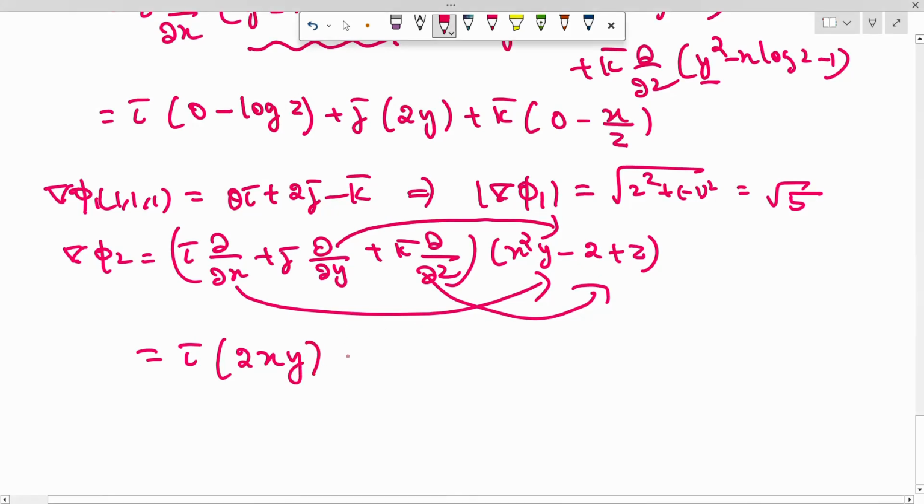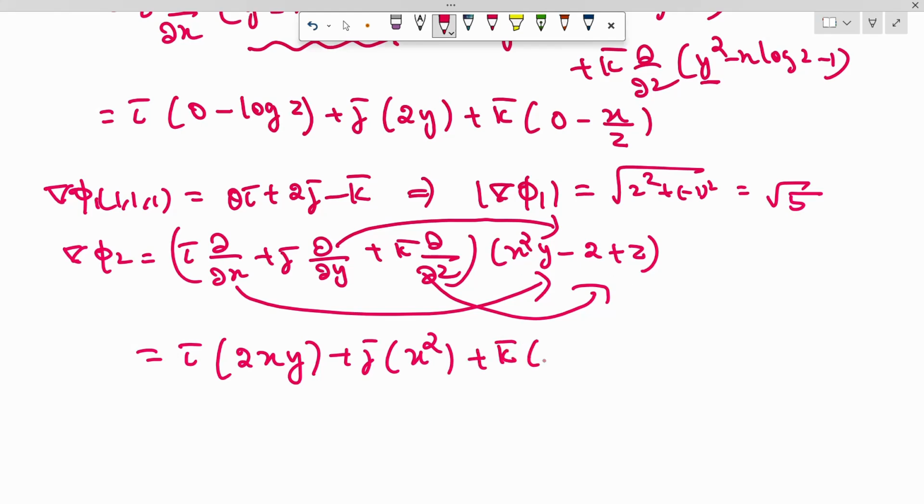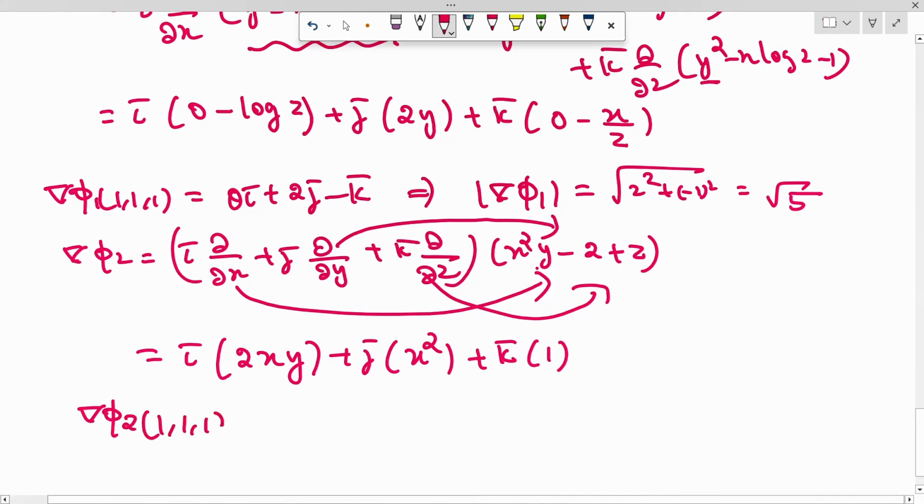The second and third terms have no x, so 0. Plus j vector into differentiate with respect to y, which gives only x square. Second and third terms are 0. Plus k vector into differentiate with respect to z. The first two terms have no z, so 0, and it will be 1. Now substitute 1 comma 1 comma 1 in del phi 2.